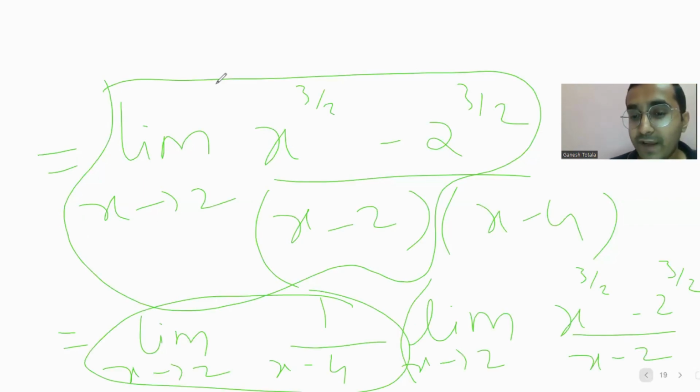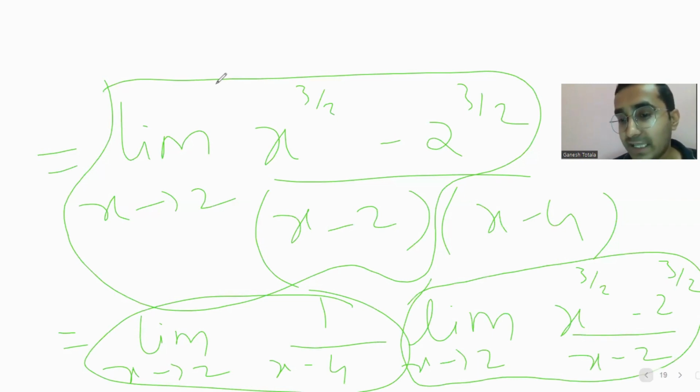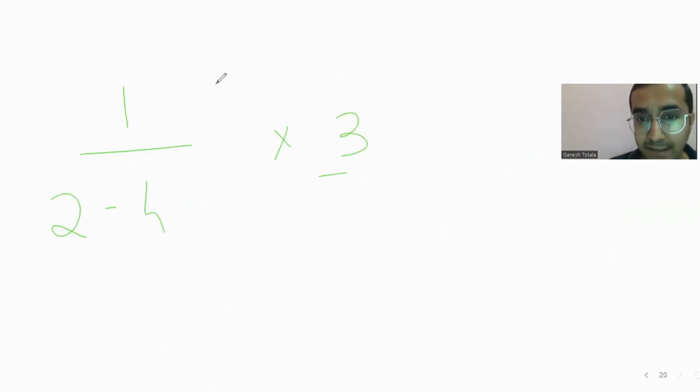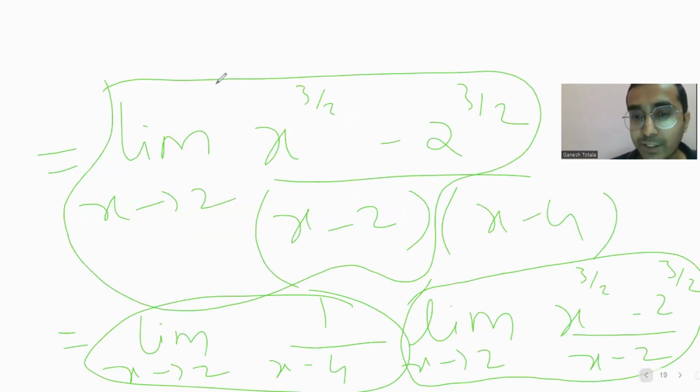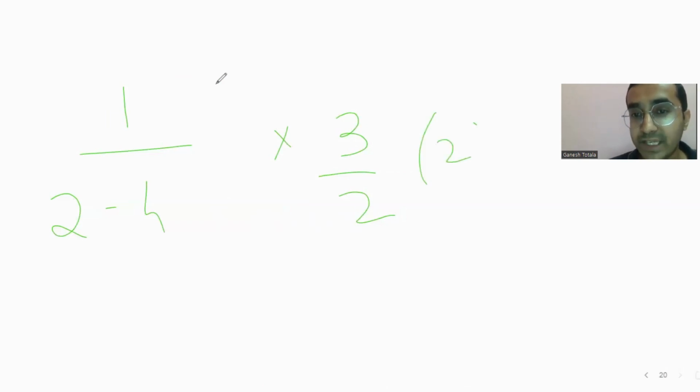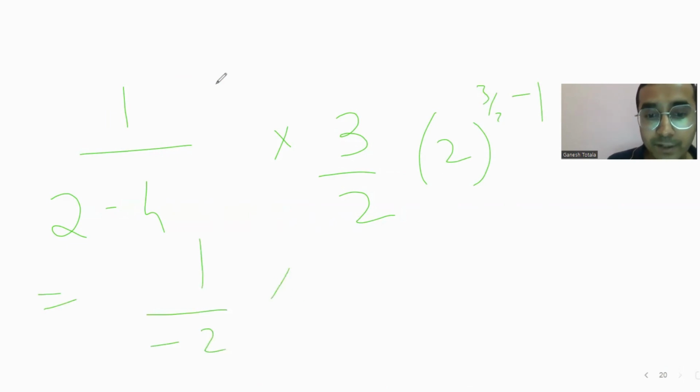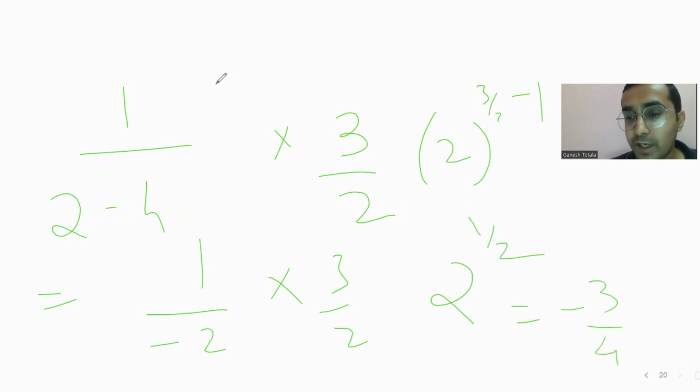Now, the limit as x tends to a of this is nothing but n into a raised to n minus 1. A's value is 2. So 3 by 2 into 2 raised to n minus 1. So it will be 1 upon minus 2 into 3 by 2 into 2 raised to 3 by 2 minus 1, which is half. So I get minus 3 by 4 into 2 raised to half.